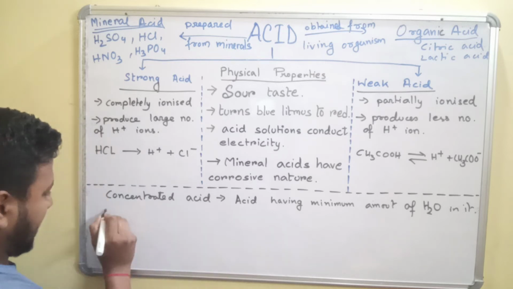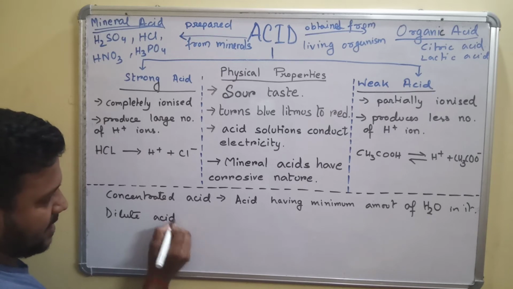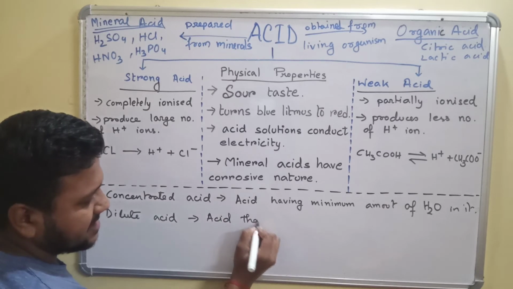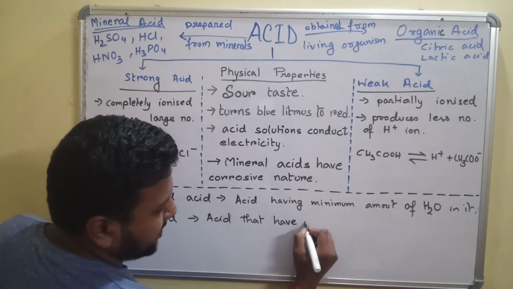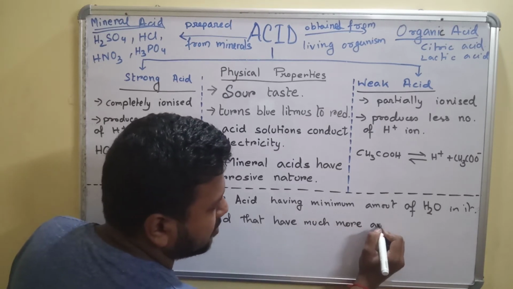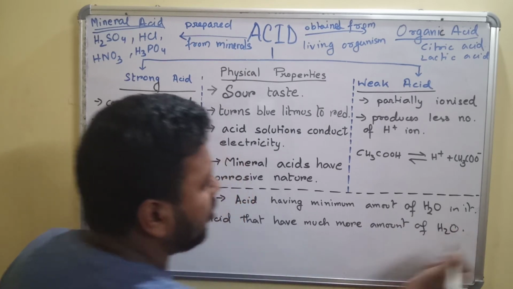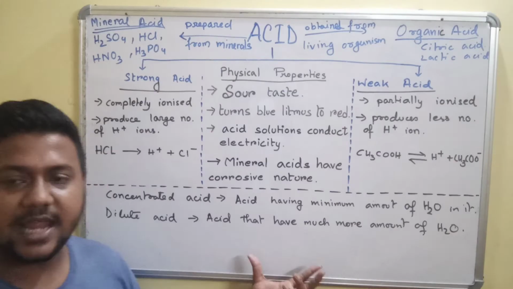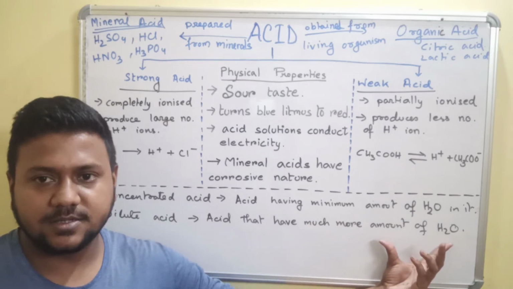Now, what is a dilute acid? Dilute acids are the acids that have a much larger amount of water in them.